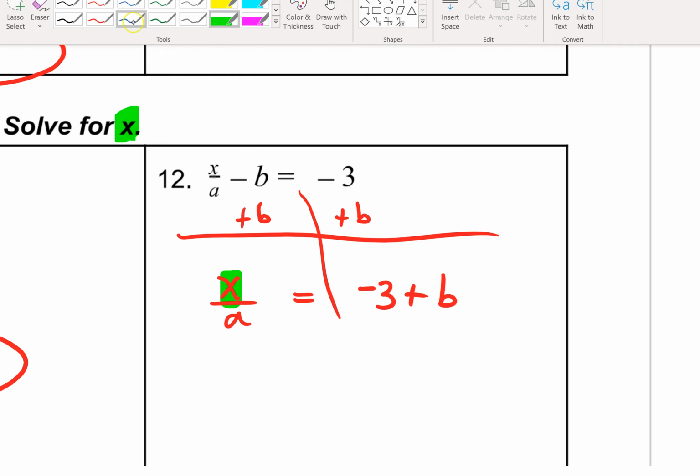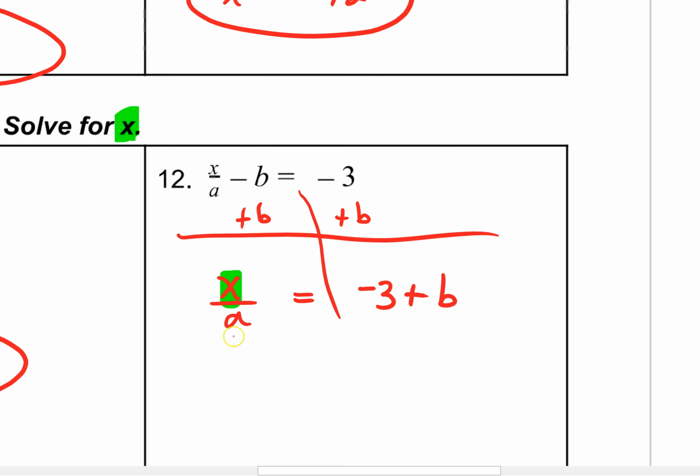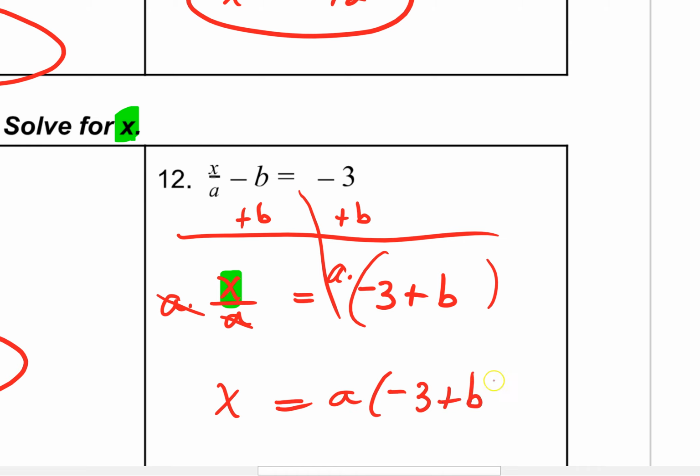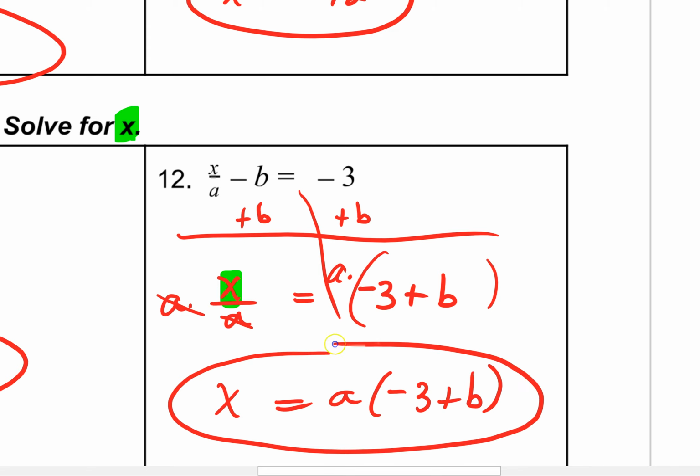X is divided by a. What is the opposite operation of dividing by a? Well, multiplying by a. But here's where we have to be very careful. We've talked about this before. Really, you're multiplying that entire side by a. That's why we need parentheses. Now, could you distribute that a in there? Of course. But this would be sufficient. This would be plenty good.